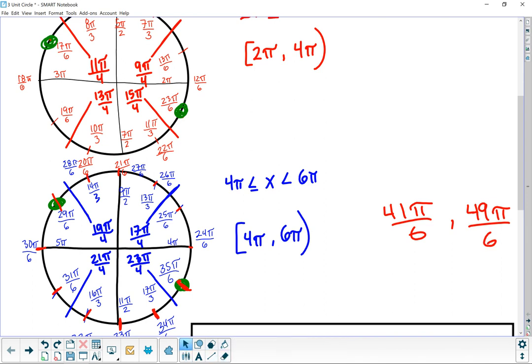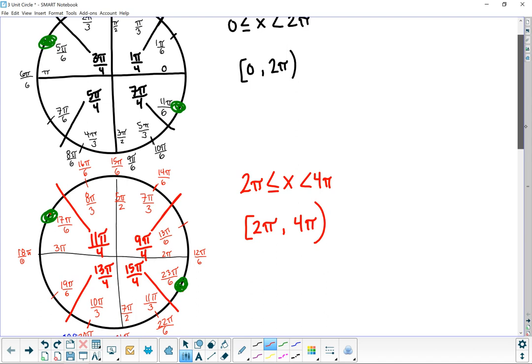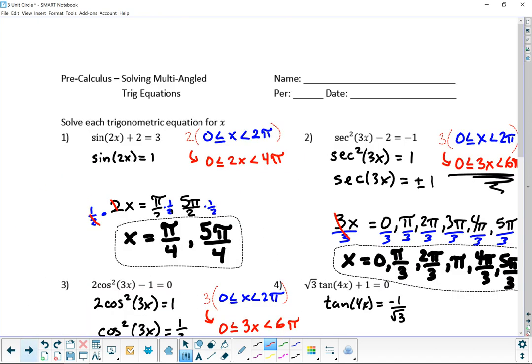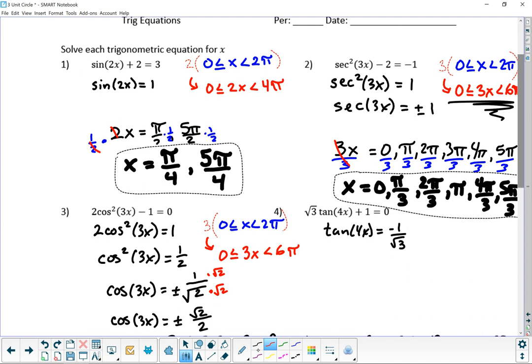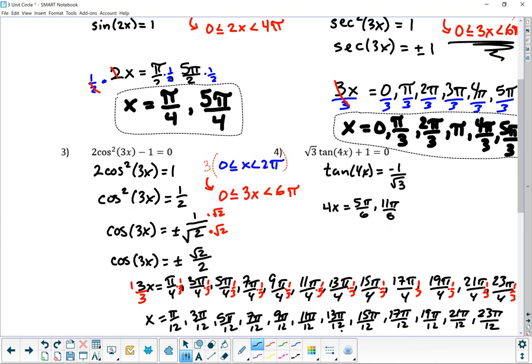All right, so let's go through the answers. So 5 pi, 11 pi. Let's write it down. So this will be 4x equals 5 pi over 6, 11 pi over 6. Okay, that's round one. 17 pi over 6, 23 pi over 6. Remember, this is round one, round two.